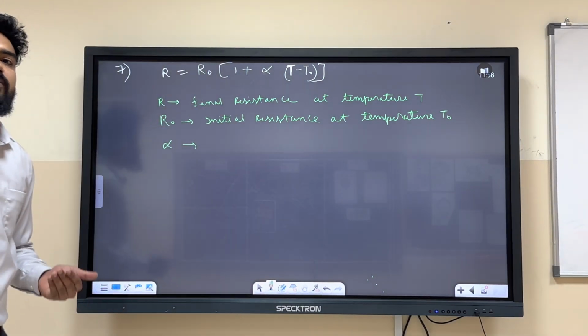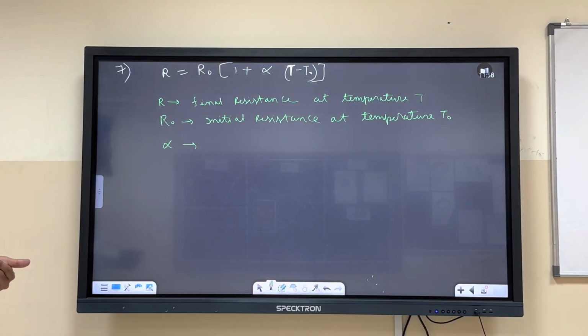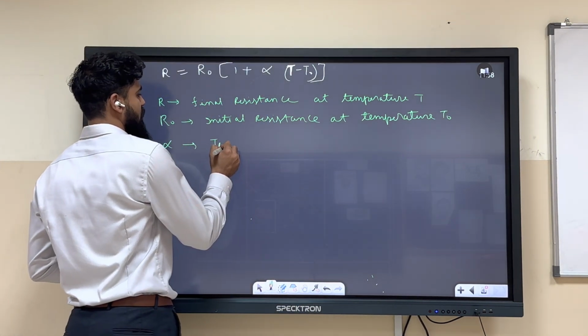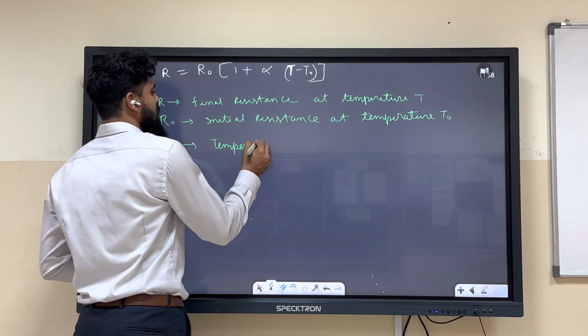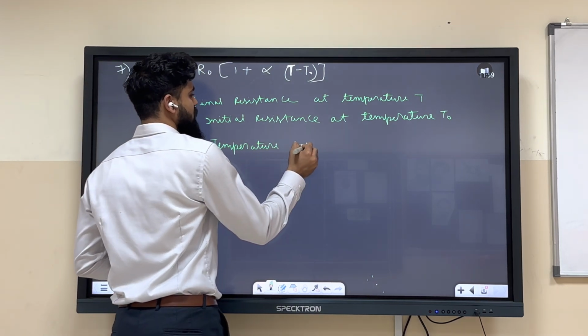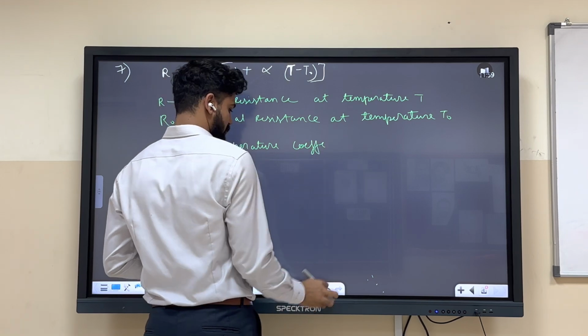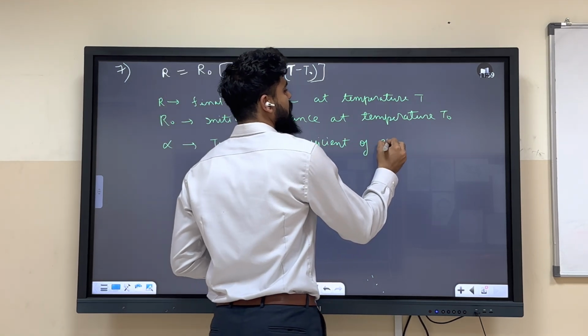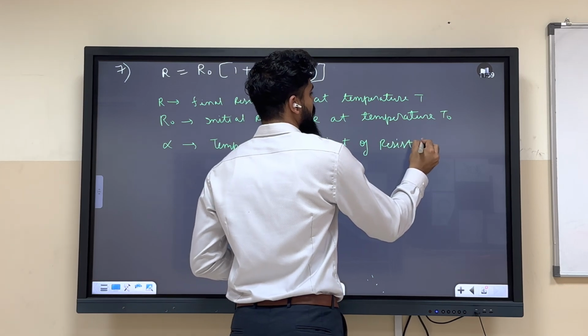How? This is the coefficient of resistance, right? And the temperature coefficient for resistance. Temperature coefficient of resistor or resistance, right?